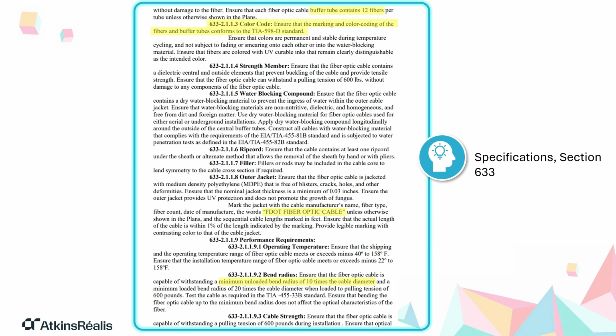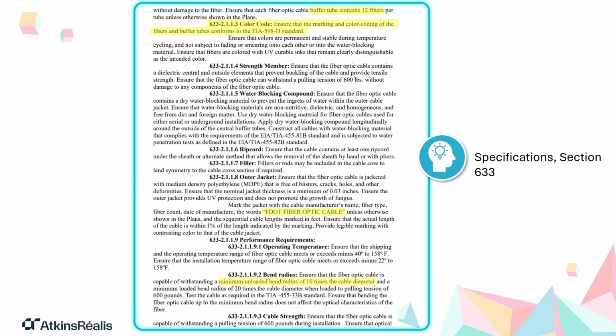Now moving down to section 633-2.1.1.8, the outer jacket, you can see here that each cable is required to be stamped or printed with the words FDOT fiber optic cable. This allows us to quickly identify our assets in the field.